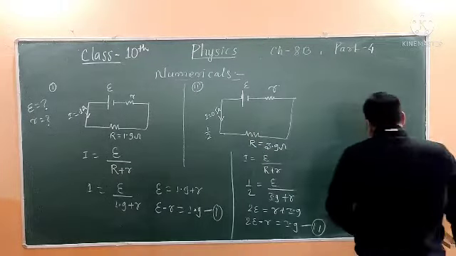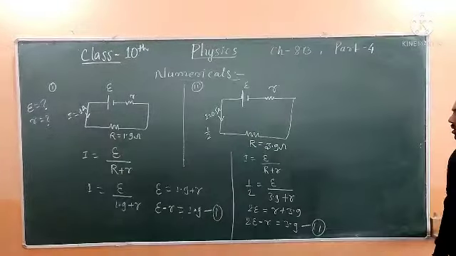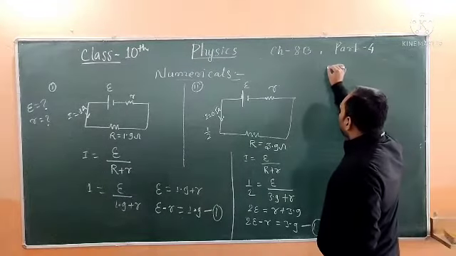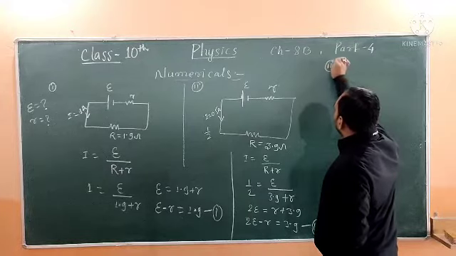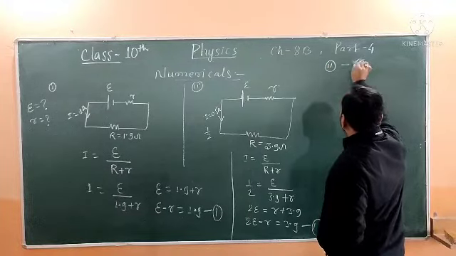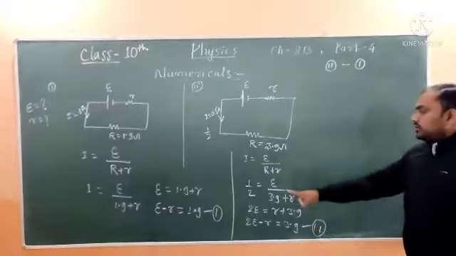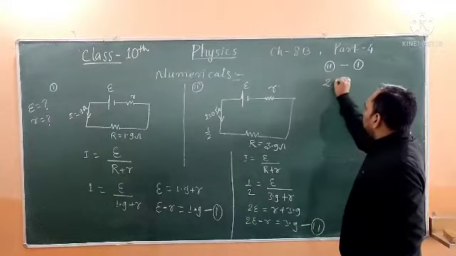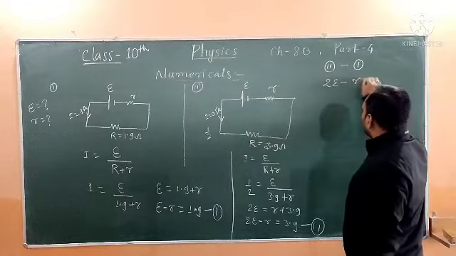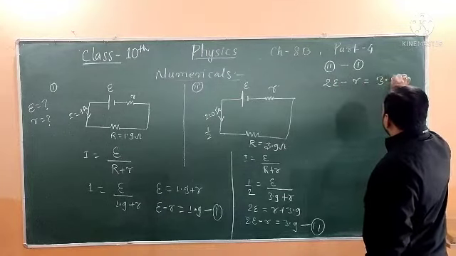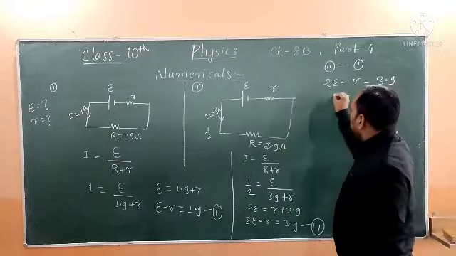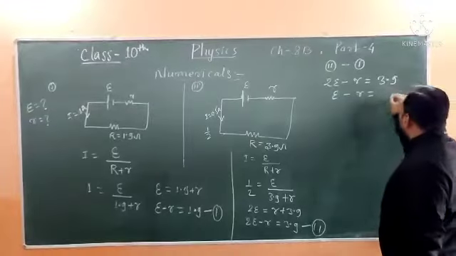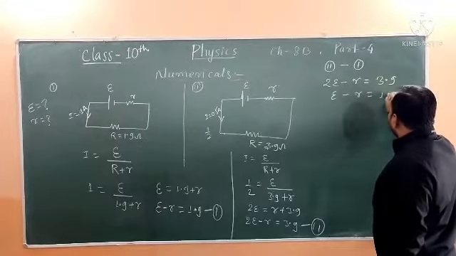Here is the second equation and the first equation. We can do it by subtracting the first equation from the second equation. The second equation is 2 epsilon minus r is equal to 3.9. I have subtracted epsilon minus r is equal to 1.9.